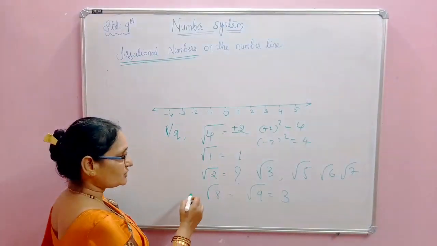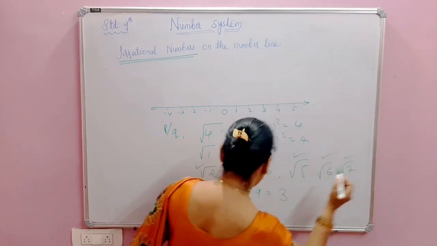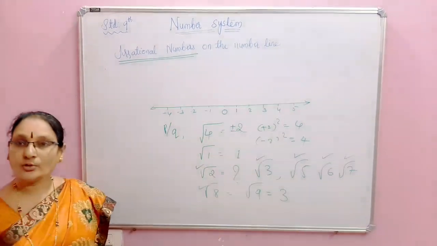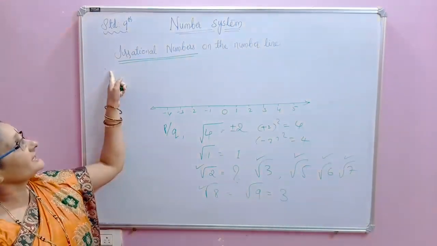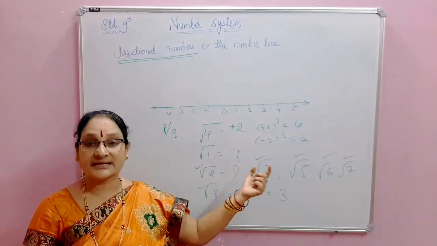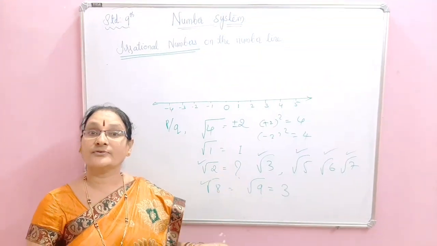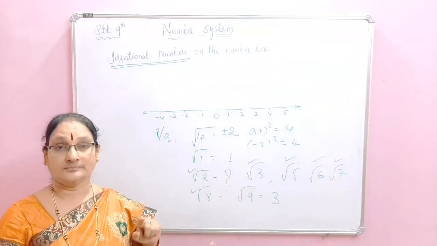But what about these? Root 2, root 3, root 5, root 6, root 7, root 8, like that so many numbers will come. All these numbers are called irrational numbers. Why? Because these numbers cannot be written in rational form, that is p by q form.